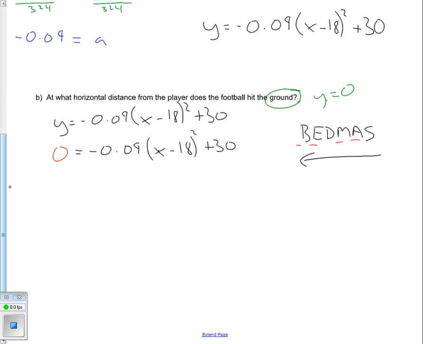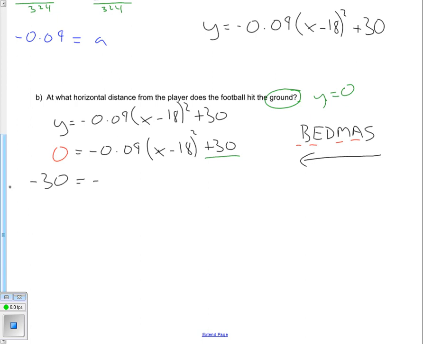So here's what I'm going to do. I'm going to start by getting rid of the addition. Okay, and so I've got plus 30 hanging out here on the right-hand side. So this is the first thing that I'm going to deal with. So I'm going to subtract 30 from both sides, because the opposite of plus 30 is negative 30.